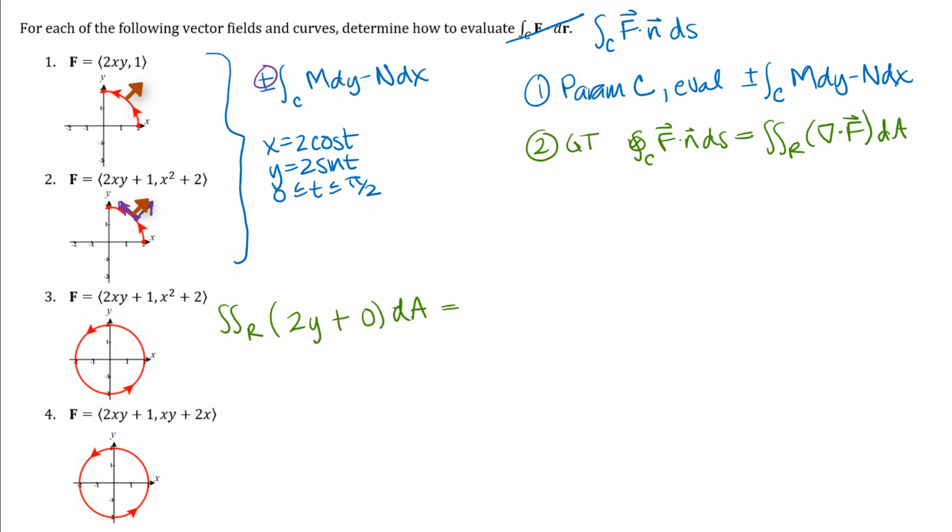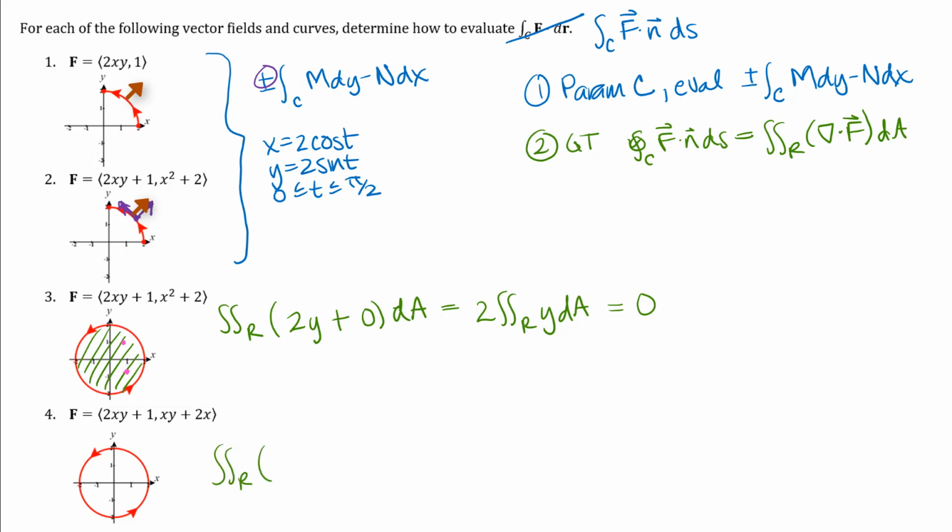And so again, I'm going to integrate over the region R enclosed by the curve. This is one that, again, you might be able to recognize that this answer is going to be 0. I am going to have 2 times the sum of all the y coordinates at every point inside here, and I've got positive and negative y coordinates that will exactly balance each other out. So this one will end up being 0.